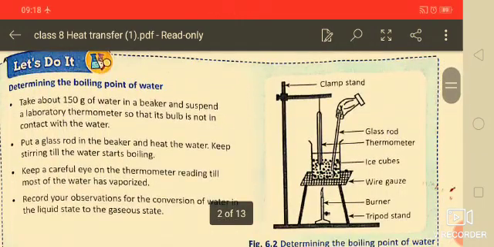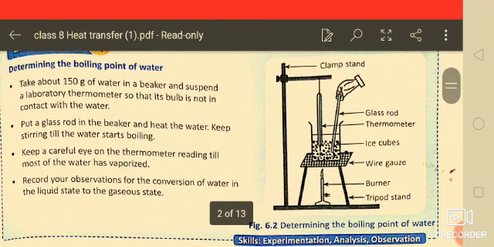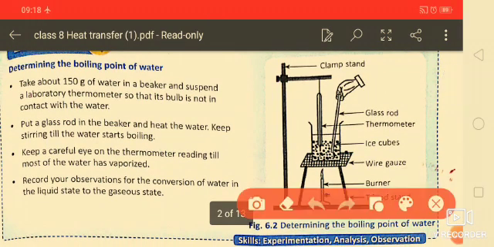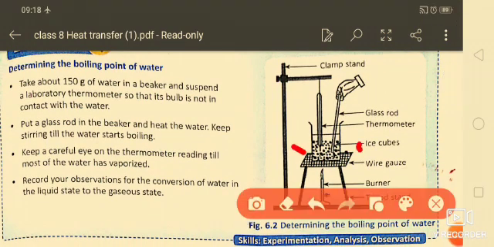Now students, let's do an activity here. Determining the boiling point of water: you take a small amount of water here, and when you start to heat it, in this experiment you will determine the boiling point of water, that means at which temperature it starts to boil.